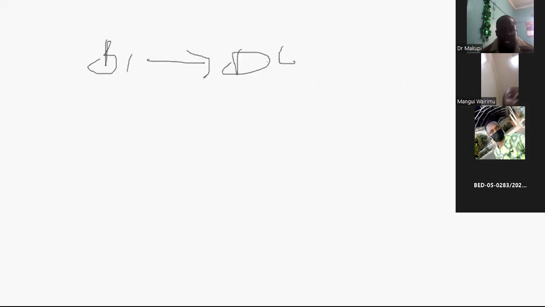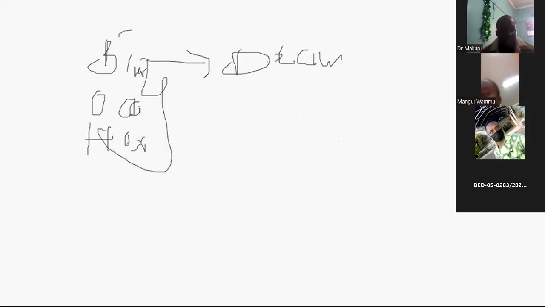So we said that whether you are talking about binary, octal, or hexadecimal, all these three, converting them to decimal equivalent, you just multiply by powers of that particular base. For example, a binary number would be 1, 0, 1, 0, 1.